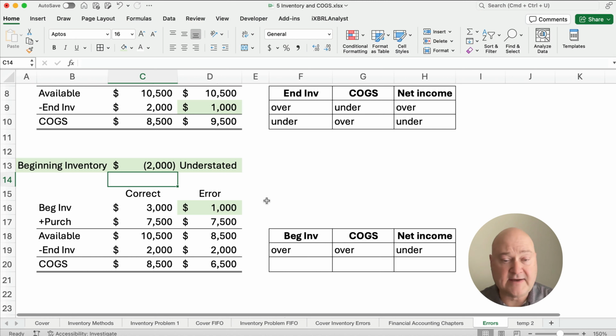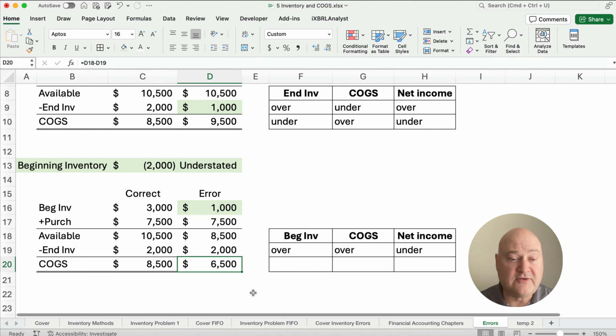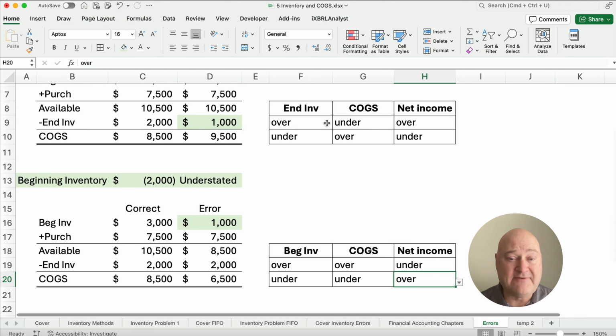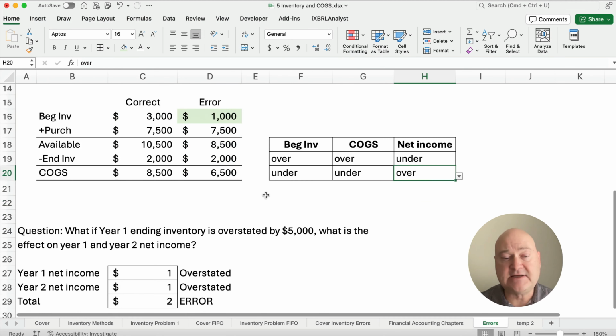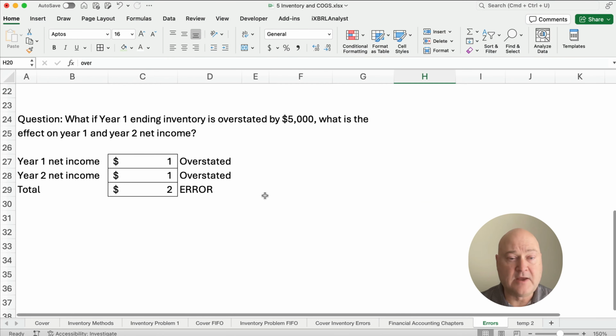But what's the effect? Our cost of goods sold is going to be understated. So our beginning inventory is understated, our cost of goods sold is understated, and our net income would be too high. It'd be overstated. All right, so these are the rules for beginning inventory here, and the previous one is ending inventory.